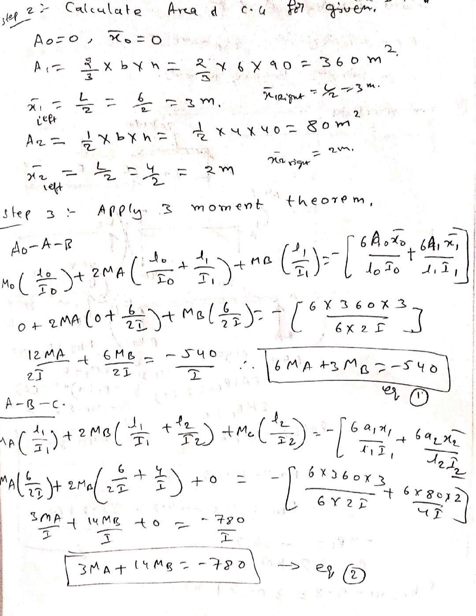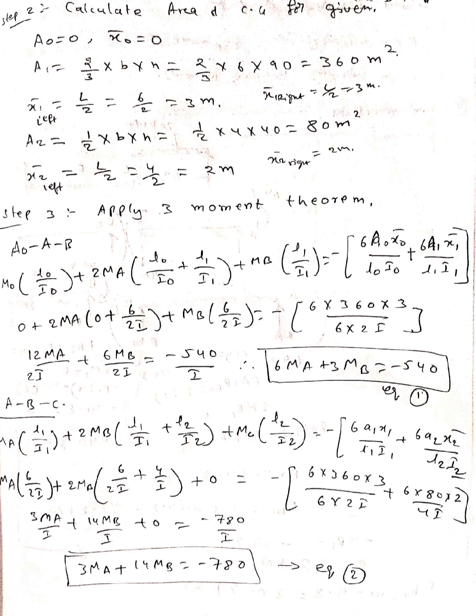Coming to step 3, apply the three moment theorem. We need to apply the three moment theorem two times here, for A0, A, B and for A, B, C. First applying the three moment equation, or Clapeyron's theorem, for A0, A, B. So M0 L0 by I0 plus 2 MA into L0 by I0 plus L1 by I1 plus MB L1 by I1 equal to minus 6 A0 x0 bar by L0 I0 plus 6 A1 x1 bar by L1 I1, which is equal to 0 plus 2 MA into 0 plus 6 by 2I plus MB into 6 by 2I equal to minus 6 into 360 into 3 divided by 6 into 2I.